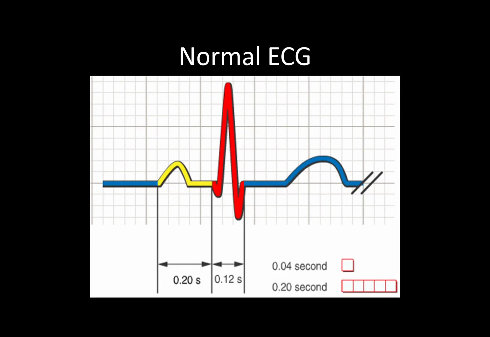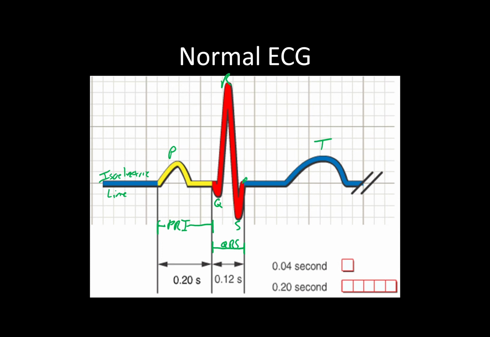Just to refresh your memory before we go in, we have our isoelectric line, our P wave, our QRS, and our T wave here. This is the PRI between this space here and here. And of course, this space from here to here is the QRS.